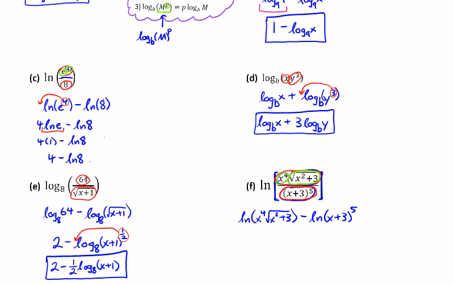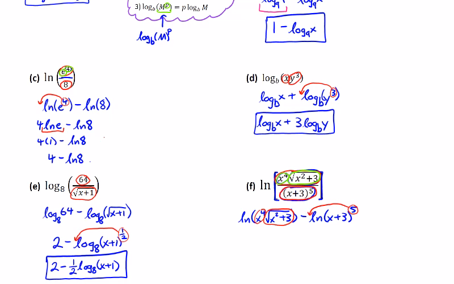Once I do that initial expansion, go back and look to see, could I expand any more? And we can. The x to the 4 and then the square root of x squared plus 3 is now the product in that first argument. And then in the second log, I have 5 as the power for that argument.